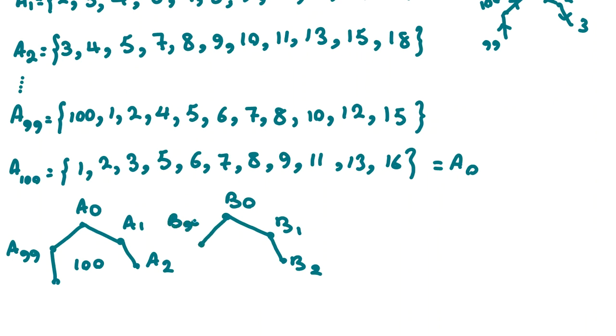These two cycles don't have any intersection, because if one element, for example A2, equals B0, then the two cycles are exactly the same.